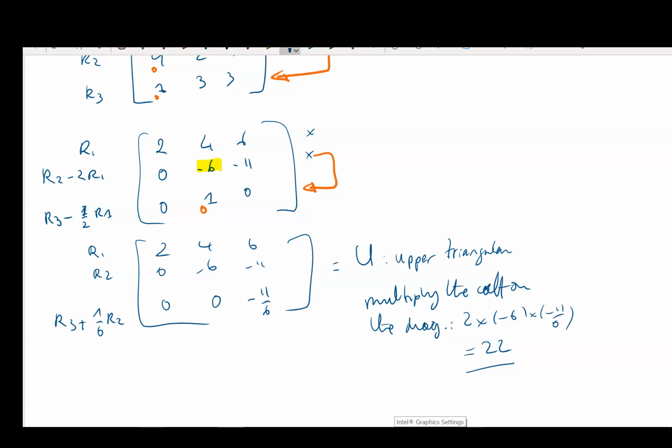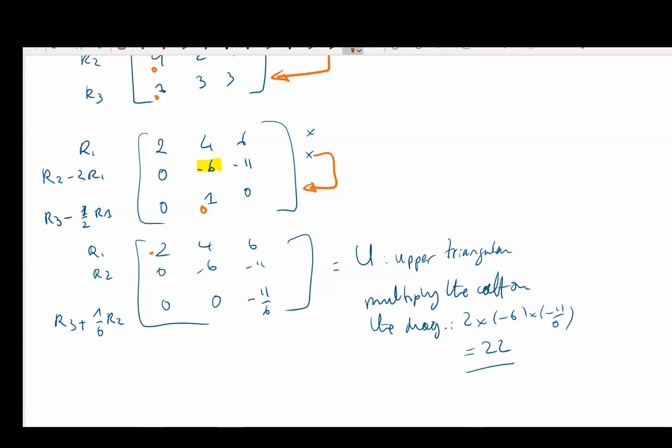If you wanted to compute the determinant of this matrix, you would do exactly that. The determinant of a triangular matrix is the product of the elements of the diagonal. Why? Because if you use the usual way to calculate the determinant, I'm going to expand according to the first column.